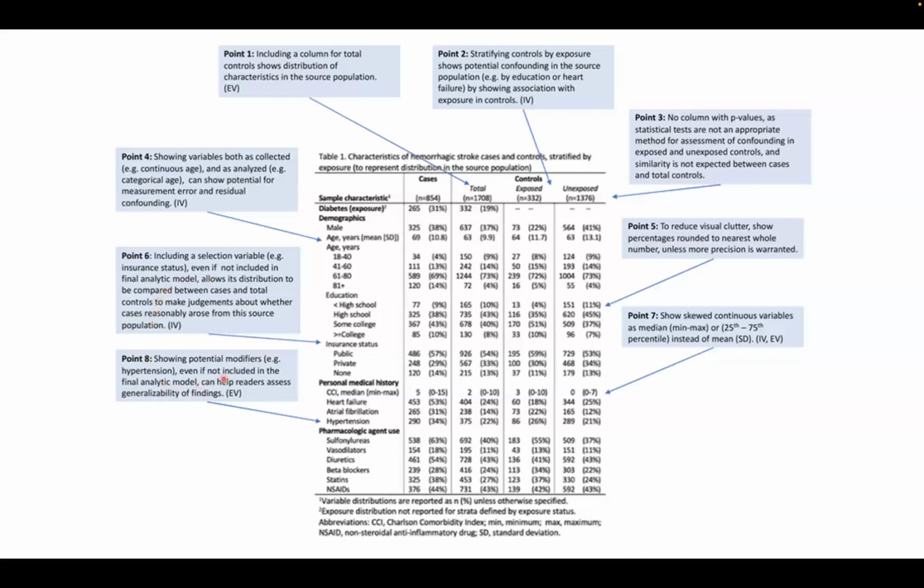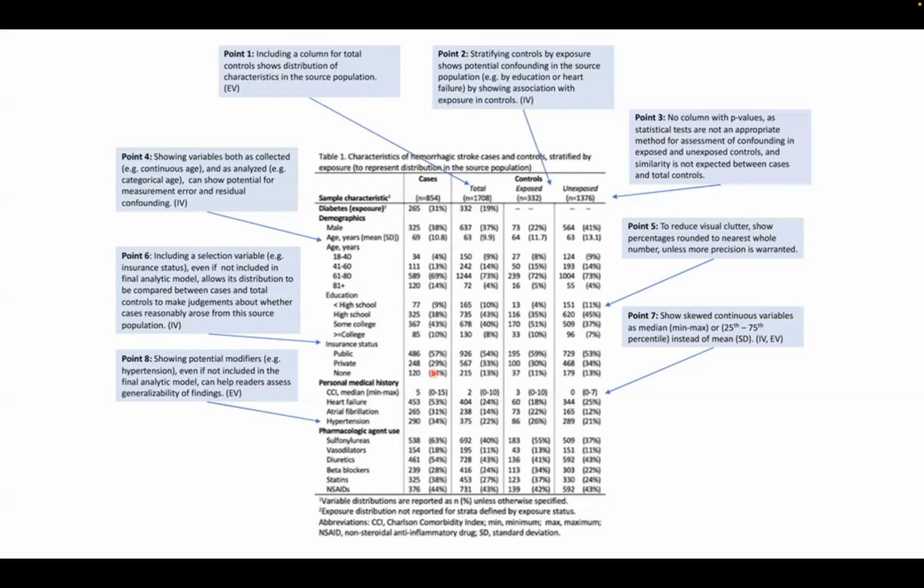Points 6 and 8 are actually pretty similar. This says including selection variables, even if not included in the final analytic model. This allows the distribution to be compared between cases and total controls to make judgments about whether cases reasonably arose from the source population. So this is just saying they suspected that insurance may have an impact on stroke cases. If we saw something like 80% of stroke cases were uninsured, then that may be something you want to pursue.